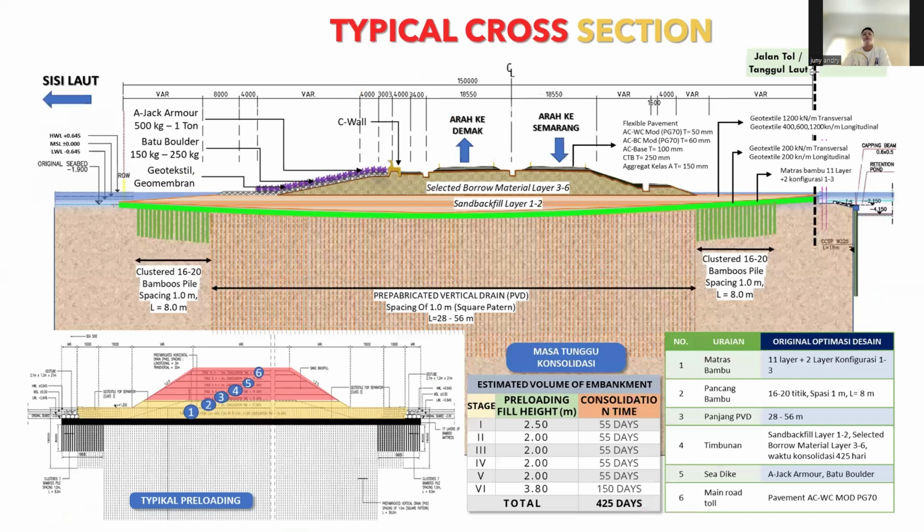This is a typical cross section. It has a prefabricated vertical drain, PVD, and a slack floor material, and below the slack is the sandbag fill of 1 until 2 layers.